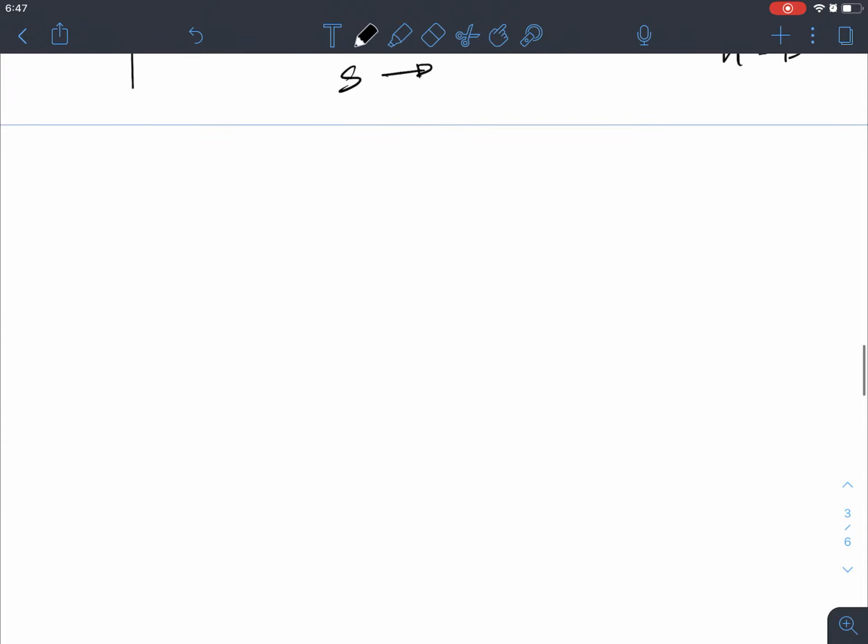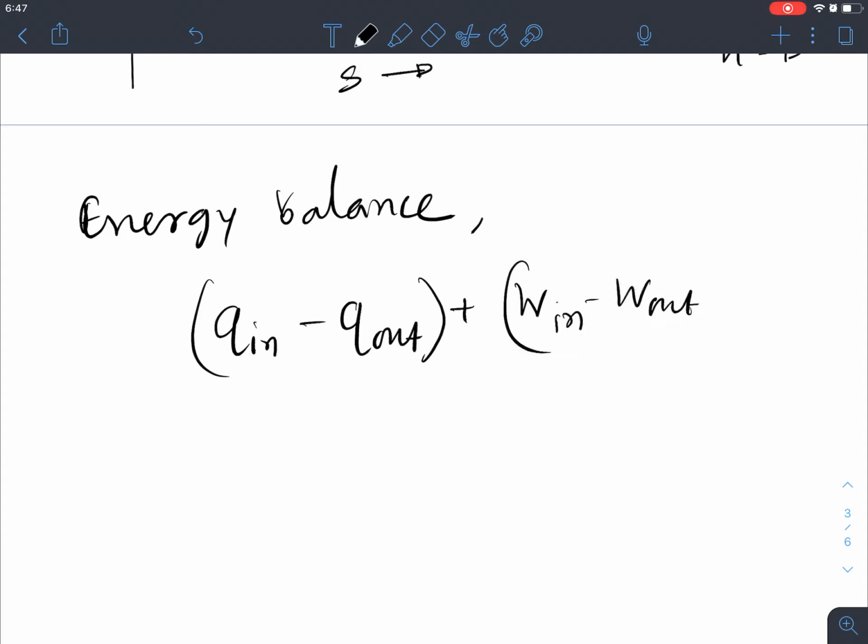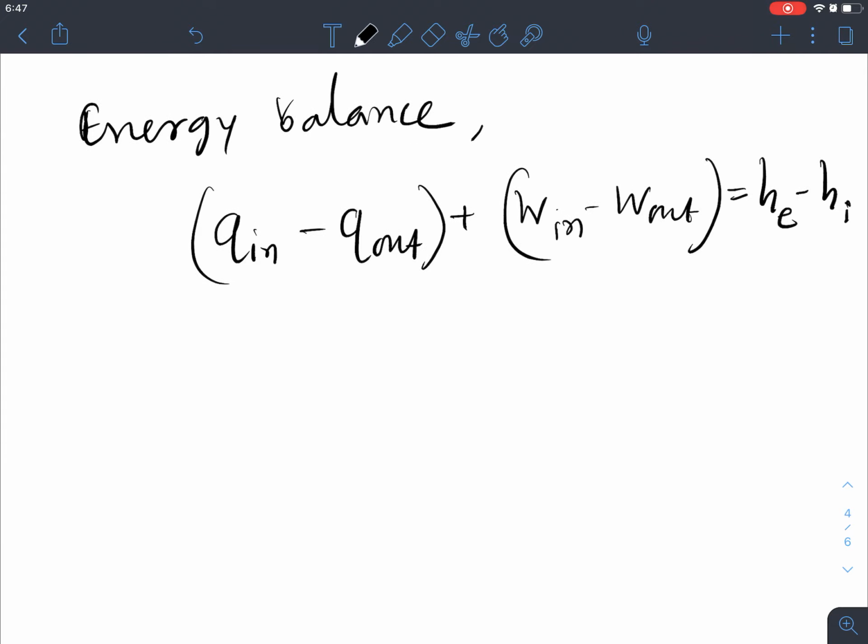So now let's take a look at the energy balance equation. So the energy balance would be Q in minus Q out, plus W in minus W out, equals exit enthalpy minus inlet enthalpy, right? So for this refrigeration cycle, that's all about the energy balance equation.